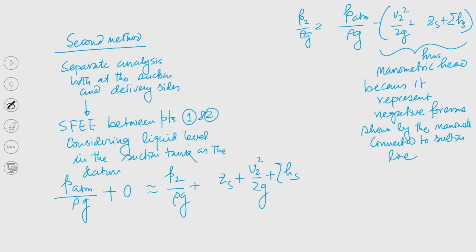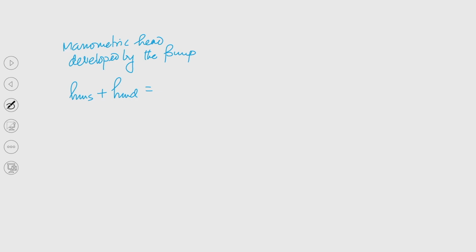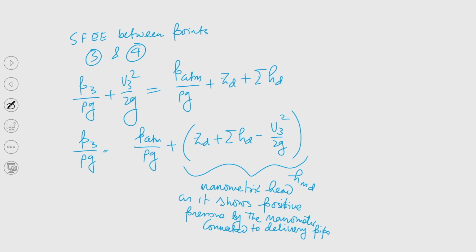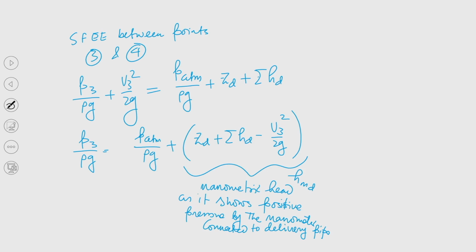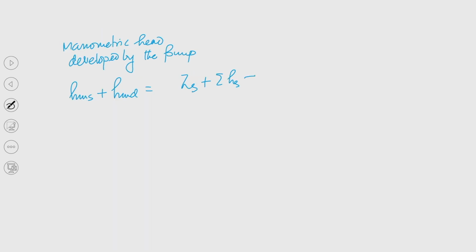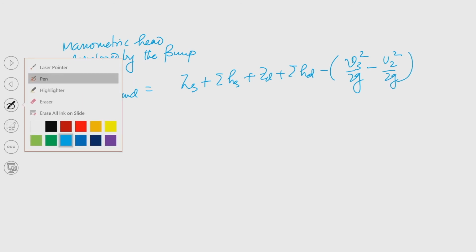So, this is negative HMS, ZS plus HS, plus this is ZD plus HD, minus V3 square by 2g, minus V2 square by 2g, right. So, this is what is important.